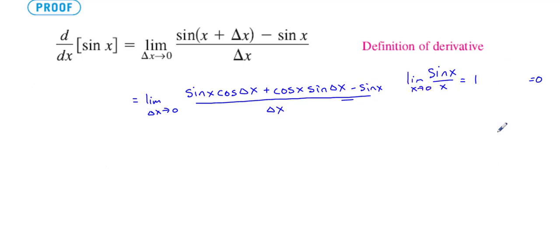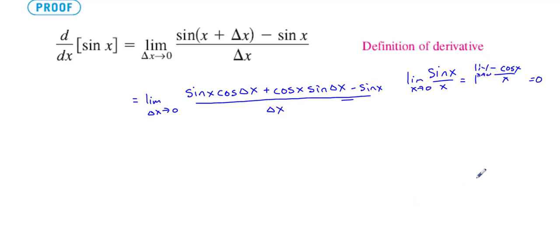Cosine x minus 1, over x, the limit as x goes to 0, right?